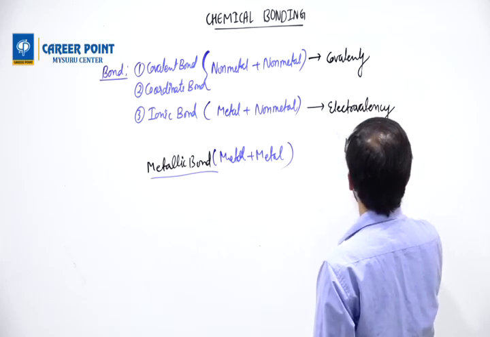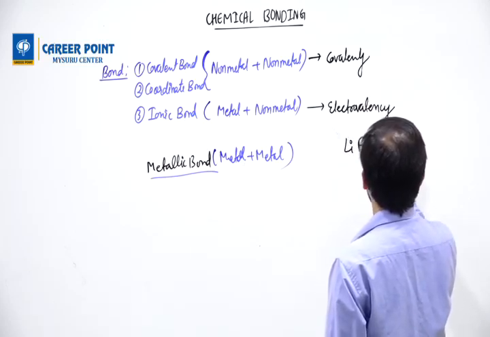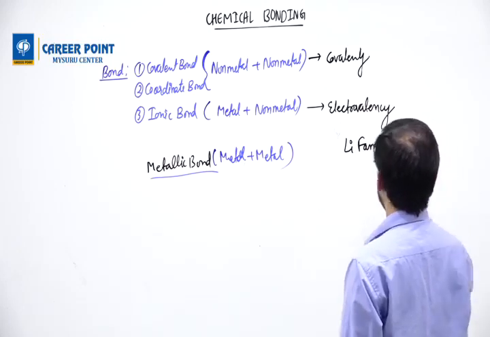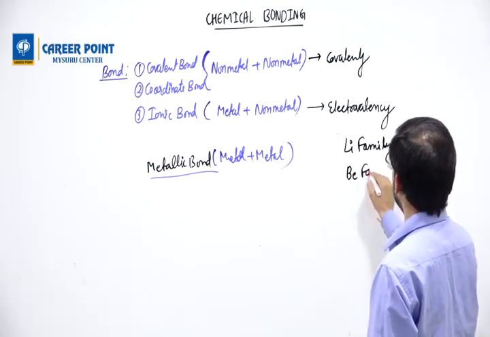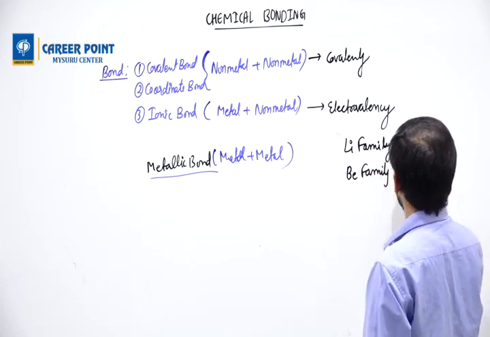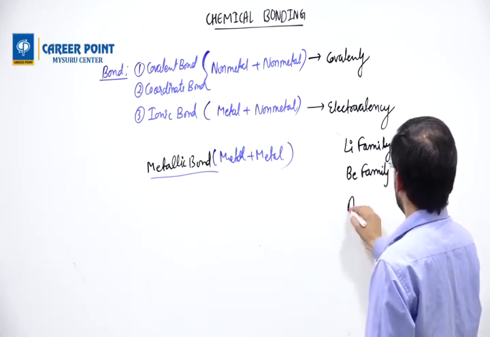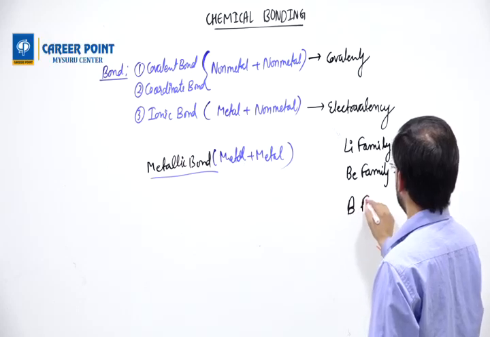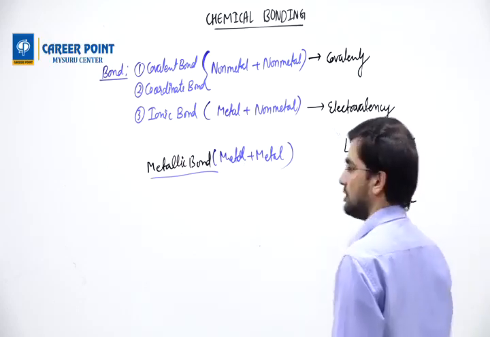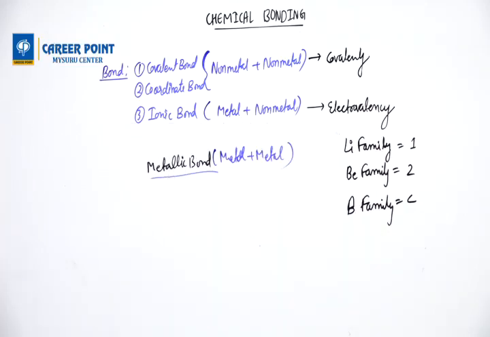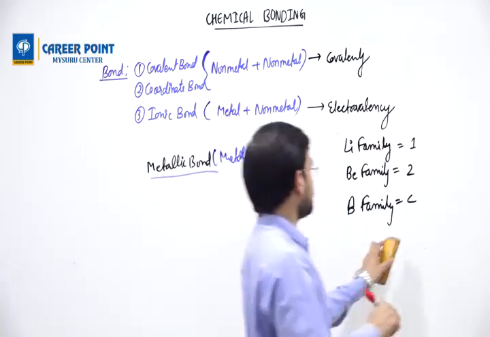Lithium family electrovalency is 1. Then beryllium family is 2. Boron family is 3.